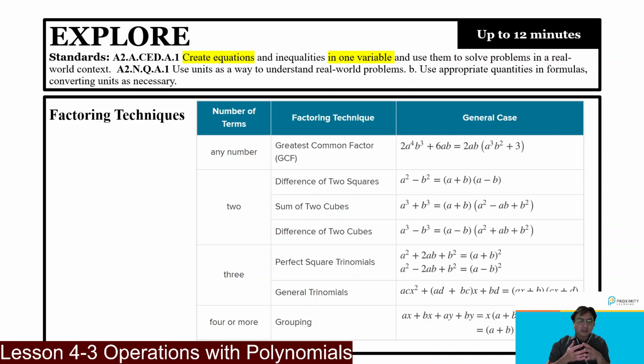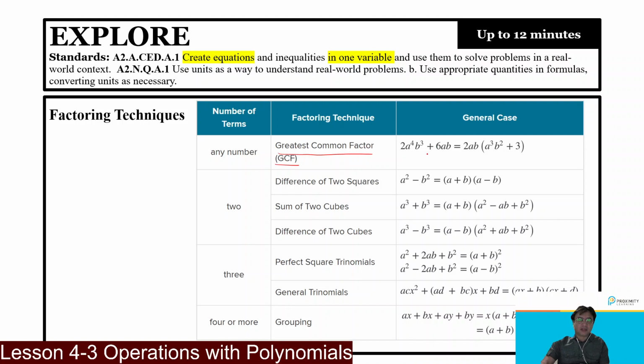For a polynomial, you have to first observe the polynomial and ask yourself, what does this polynomial look like? Alright, what does it look like? And so if it's just a normal polynomial, then you're going to have to figure out the greatest common factor, which means you have to take out as many terms, most a's and b's, most powers from each term as possible.